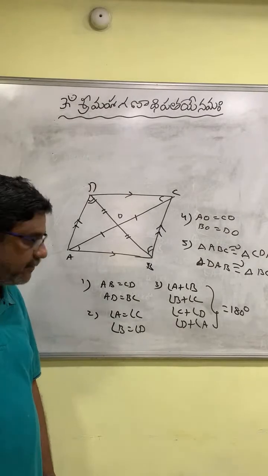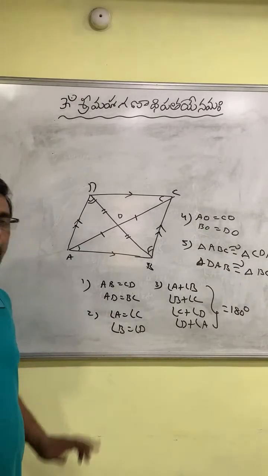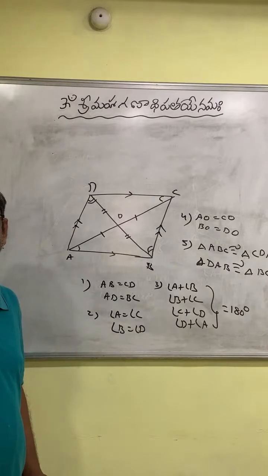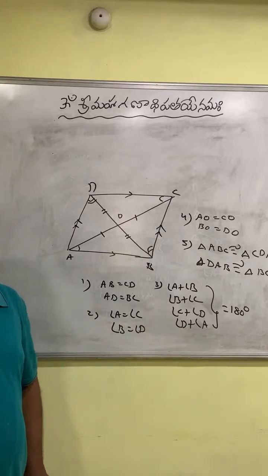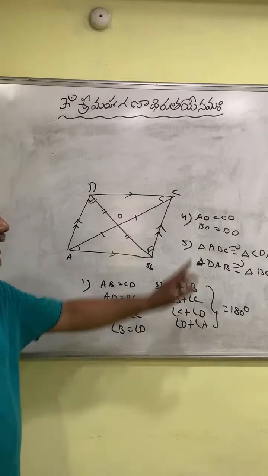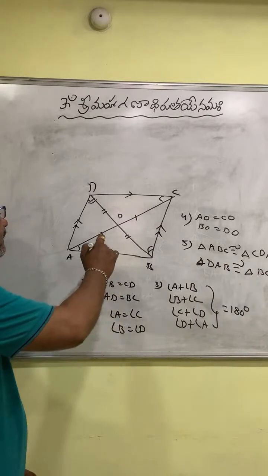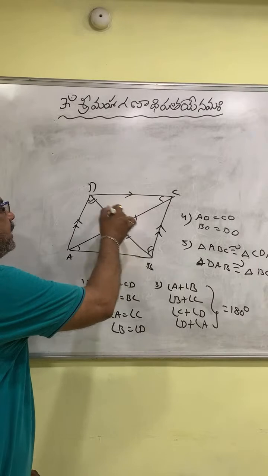ఫస్ట్ ప్రాపర్టీ ఏంటి? Opposite sides are equal. Second property, opposite angles are equal. Third property, sum of any two adjacent angles is 180. Fourth one, diagonals bisect each other. Bisect each other అంటే ఈ రెండు ముక్కలు ఈక్వల్, ఈ రెండు ముక్కలు ఈక్వల్.